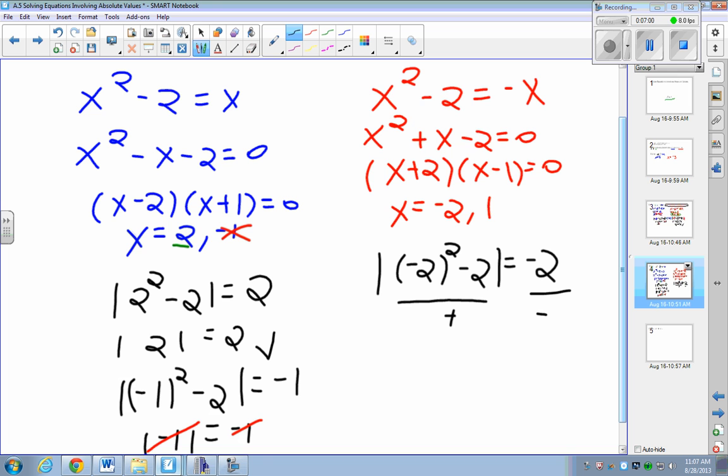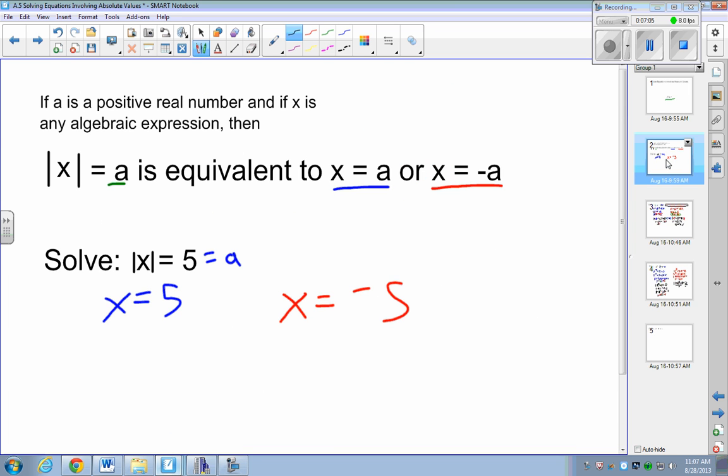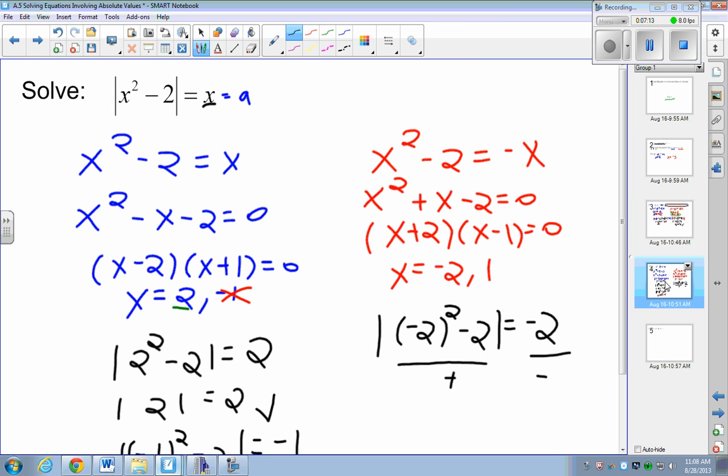And this is a negative, so we can rule negative 2 out. And to go back to here, we have to make sure a is a positive real number. And so since negative 2 is not, we can rule this one out. So x equal to negative 2 is not a solution.